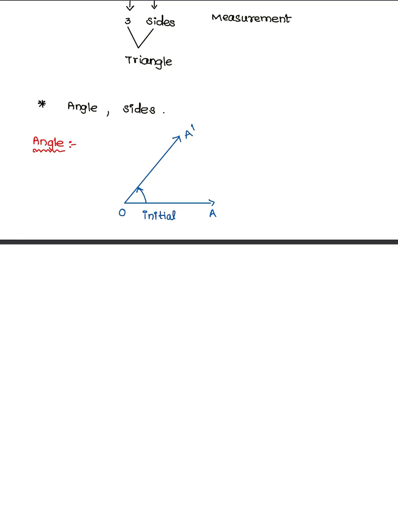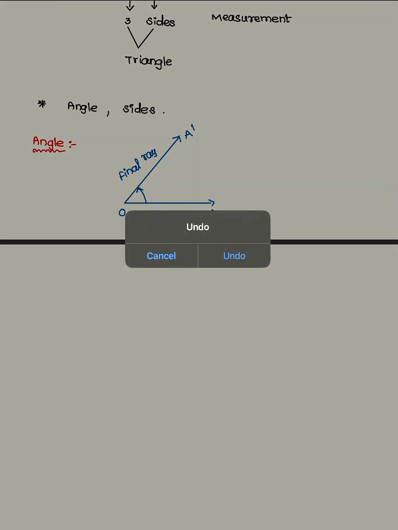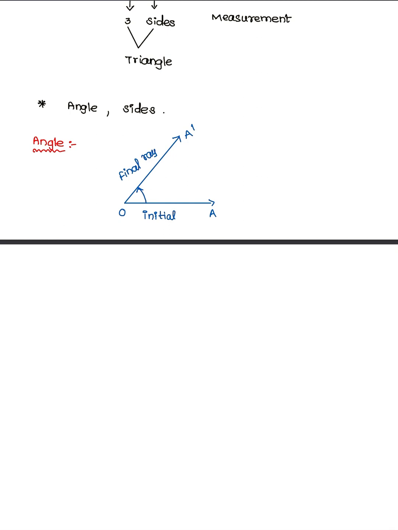So this is the final ray we can call. OA dash is the final ray. So as I told, the amount of rotation from initial ray to final ray is called angle. So here the initial ray is OA and the final ray is OA dash. So the amount of rotation from initial ray to final ray is this much. Okay, so this is angle.